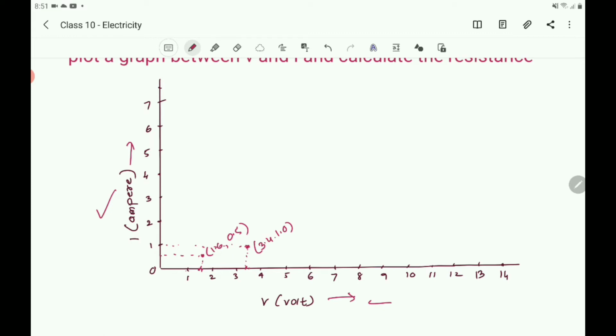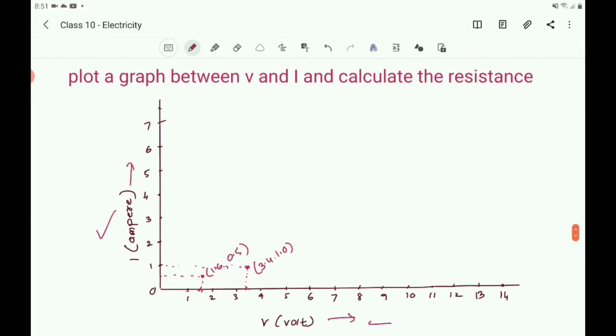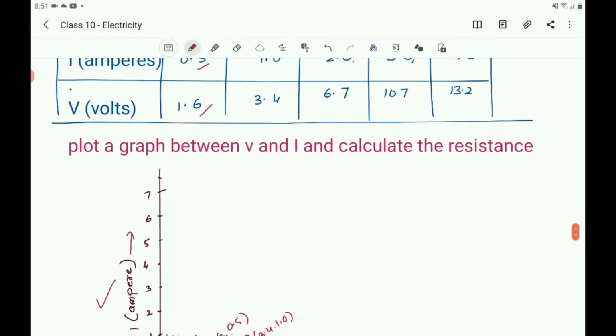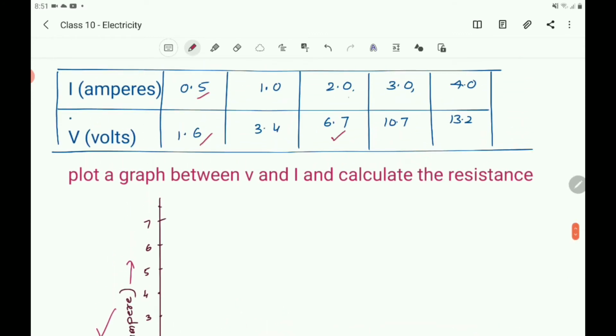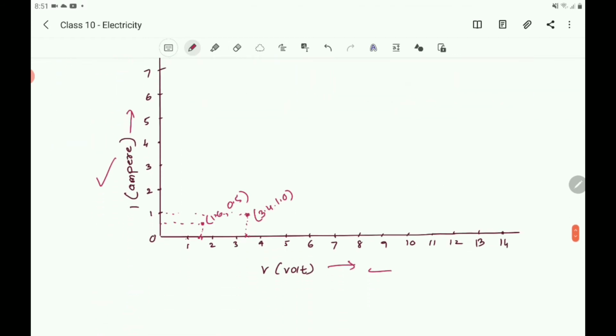Next you go to the third one, 6.7 and 2.0. 6.7 means this is 6.5, more than 6.5, so approximately it comes here.